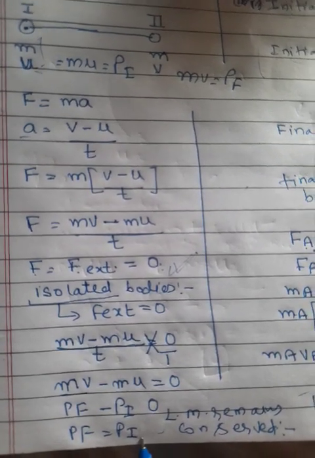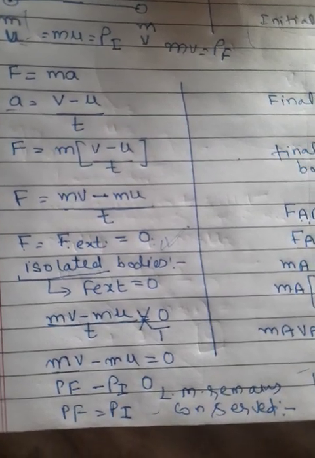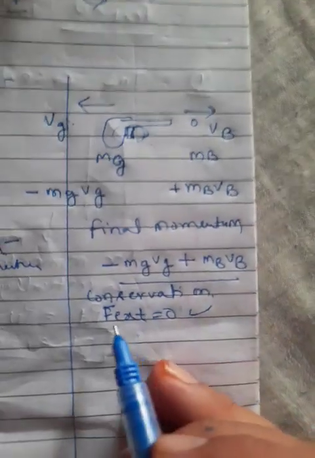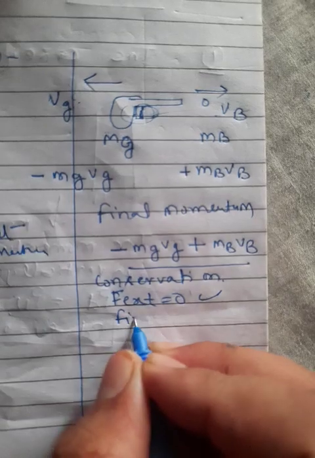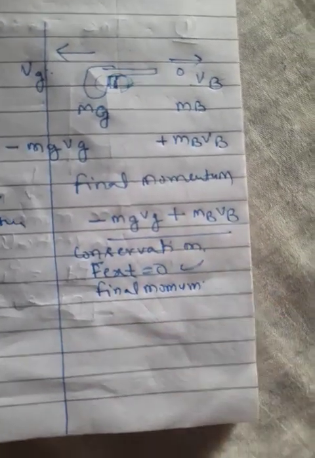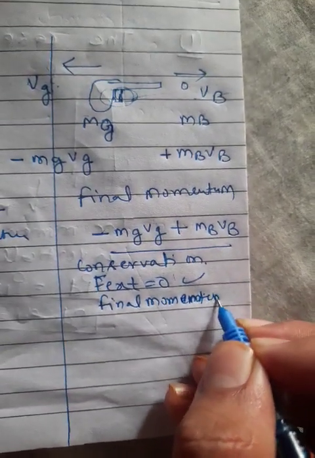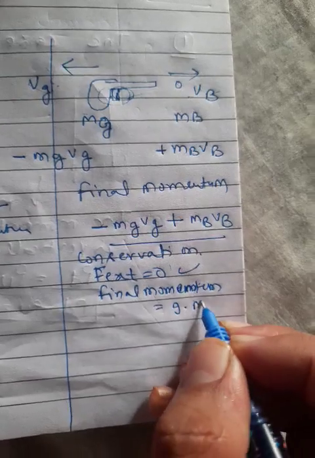Come to the same previous point. When external force equals 0, final momentum is equal to the initial momentum.